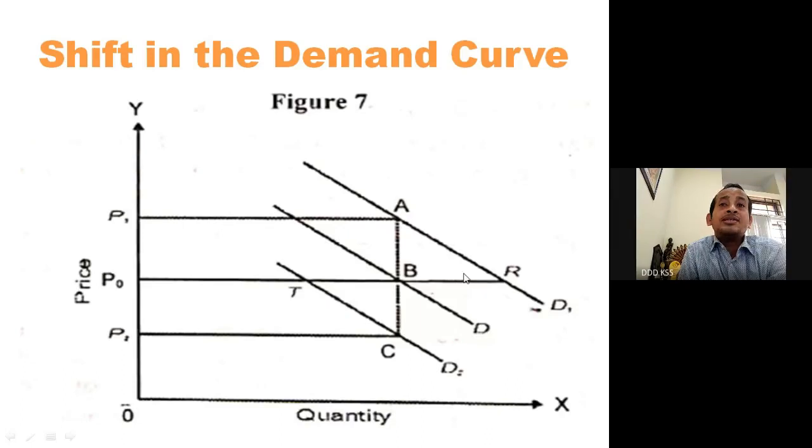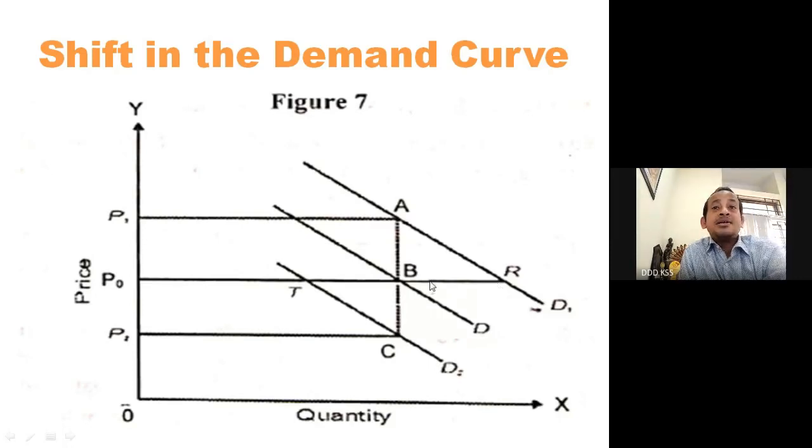Now what are the changes happening? With the PO price, the consumer may buy a larger amount of goods, like B to R. This is the extra quantity or larger quantity the consumer may buy, with the same price.